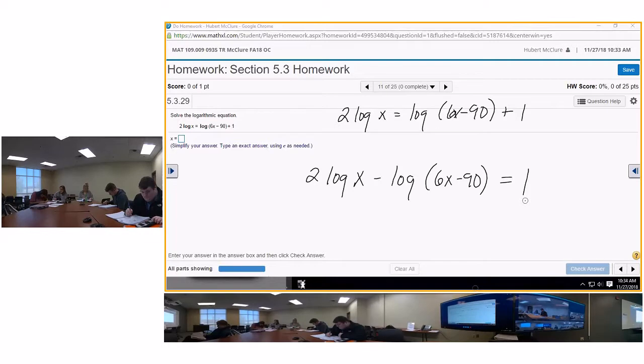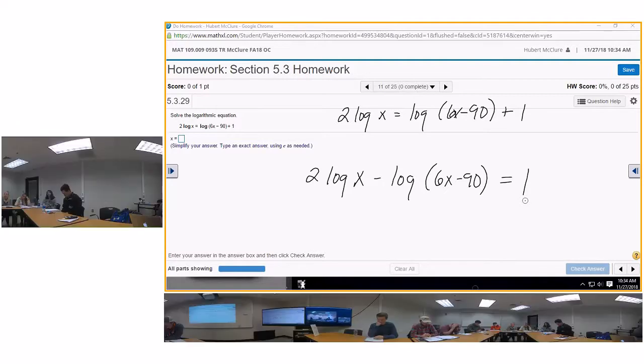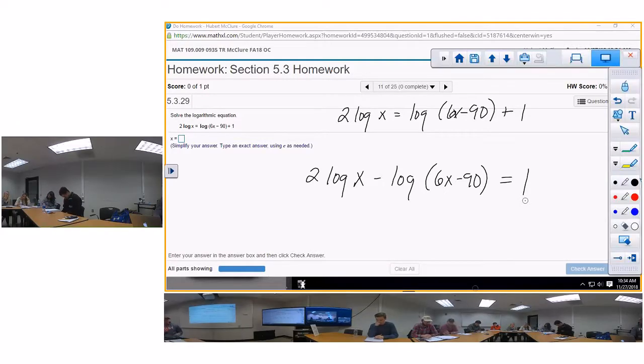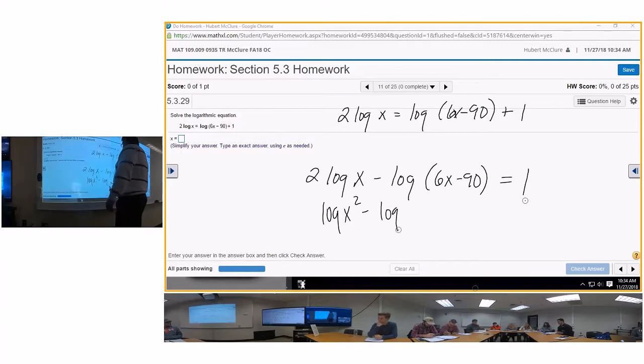So, what does that come out to be? Log of x to the what power? Log of x to the second power minus log of 6x minus 90 is equal to 1.